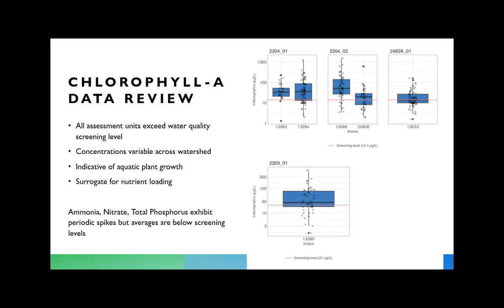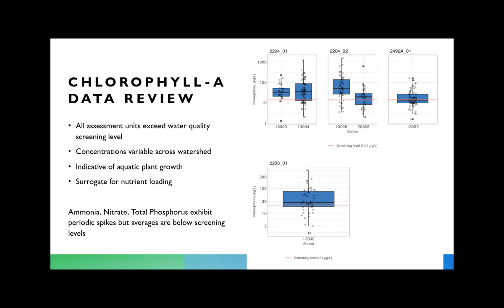Chlorophyll A is one of the nutrients that we test for: chlorophyll A, total phosphorus, nitrate, and ammonia. As it says on the bottom there, for ammonia, nitrate, and total phosphorus, usually we're below the screening level. Again, not a standard, but a screening level. But chlorophyll A, these are the levels that we got from testing, not by us personally, but a collection of data going back to 1991-ish or 2001, depending.